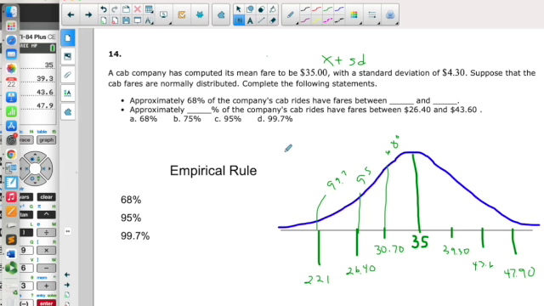So let's see the question. Approximately 68% of the data, which would be everything right here. This is 68% in a nutshell. Falls between which numbers? 30.70 and 39.30.